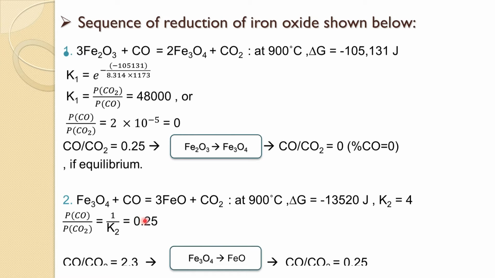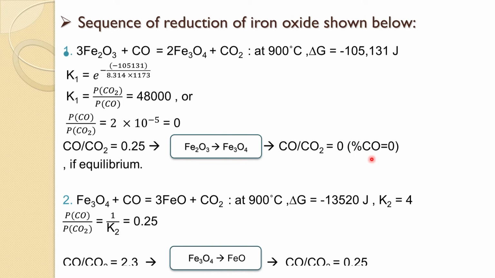Once this gets reacted, this 0.25 minimum which is required at equilibrium goes to the reduction of hematite to magnetite, and this is sufficient enough. What we have in is 0.25, which is coming from this reduction, and out is almost nil.